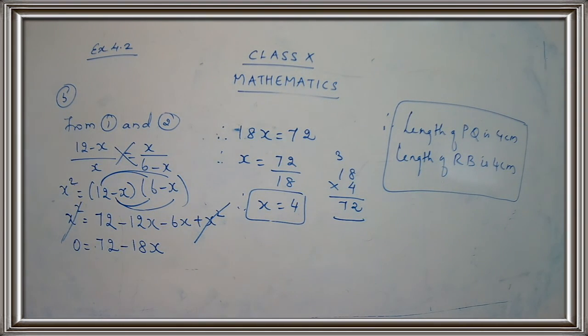So this is what we have found. We have found the value for x, and we have mentioned that x is the side of the rhombus. So we can complete our answer by saying that length of PQ is 4 centimeter and length of RB is 4 centimeter. With this we complete our sum number 5.